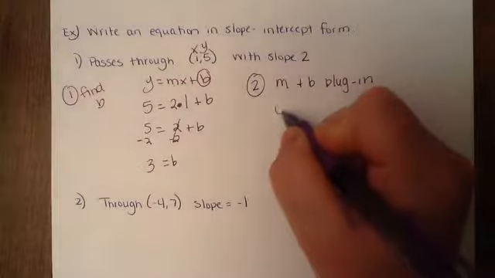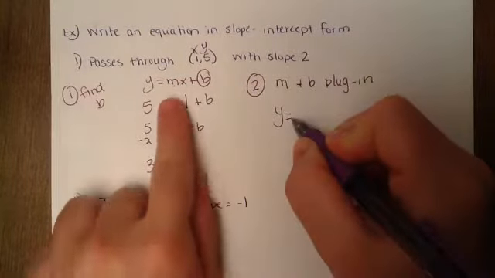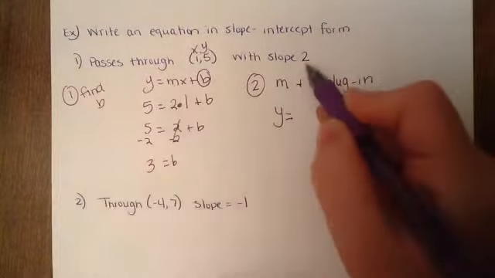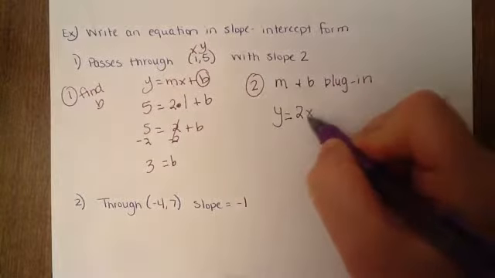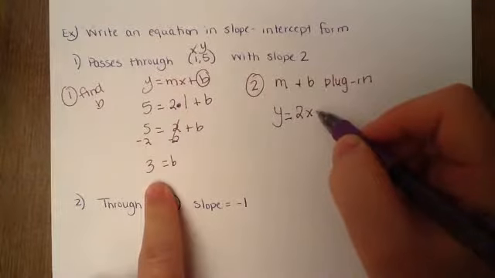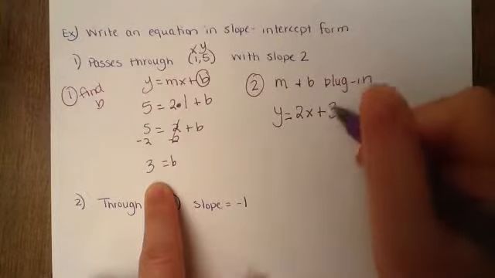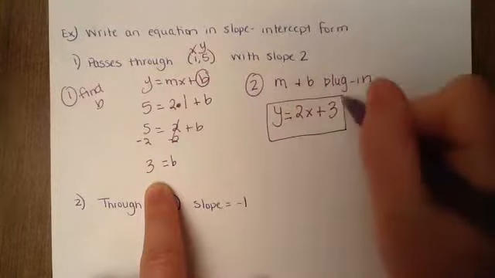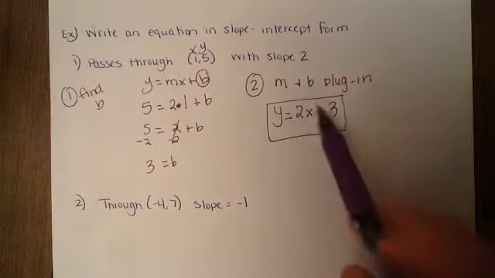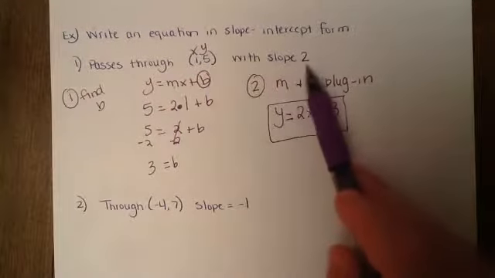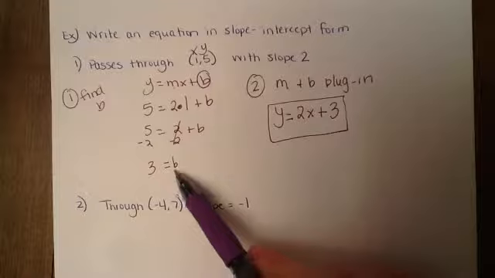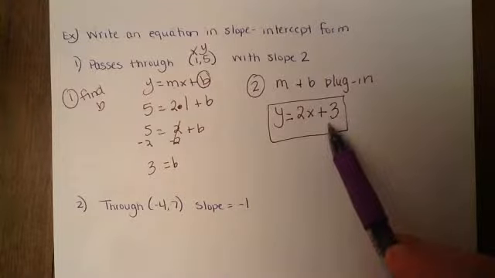So I'm going to have y equals, m we said was 2, and I just found b to be 3, so is it a plus or positive 3? Use this point they give you with the slope to find b, plug in, and finish.